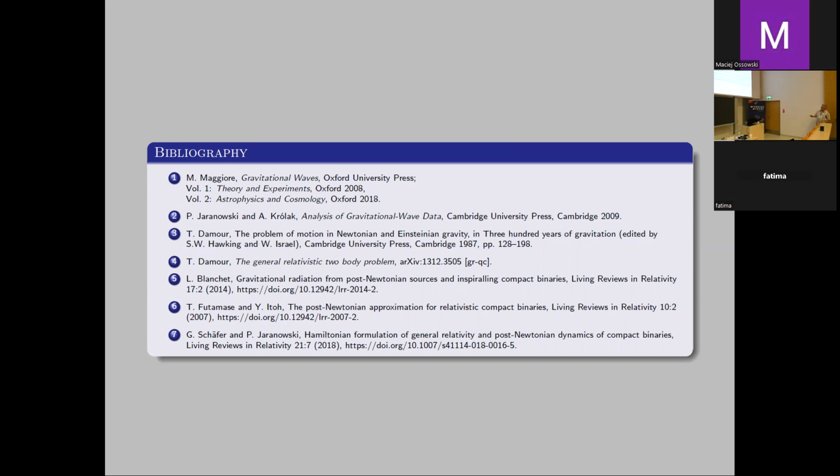There is a very useful but quite technical review article by Damour about the problem of motion in Newtonian and Einsteinian gravity, and a much shorter and newer article available on arXiv, also by Damour, and 3 review articles taken from Living Reviews in Relativity. So I think this would be a very good starting point for almost everything related to equations of motion of the two-body problem. Okay, so let us make a 5 minute break now.